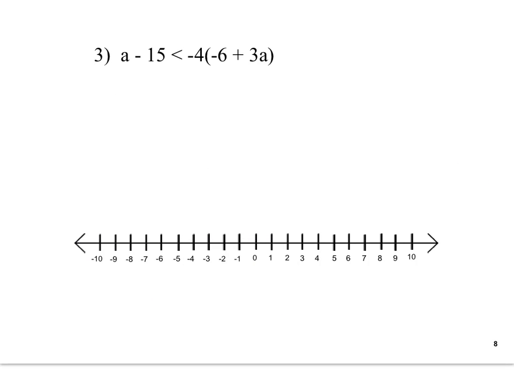All right, for this one, same deal. A minus 15 is less than, distribute in, 24 plus, well, not plus, minus 12a. Now, you can choose to move your a's either direction, but remember, I really like my a's over here.